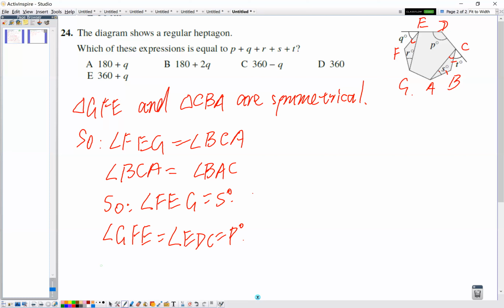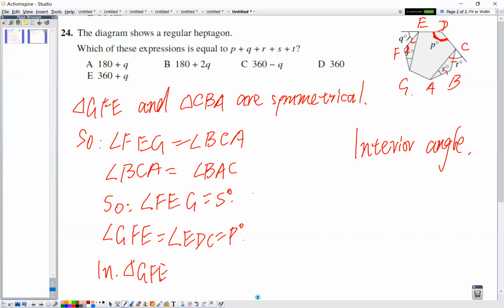Now inside the triangle GFE, what is the interior angle? Angle inside, like this angle. This angle is an interior angle of the heptagon, and this little angle is also an interior angle of the heptagon, because this is a regular heptagon.